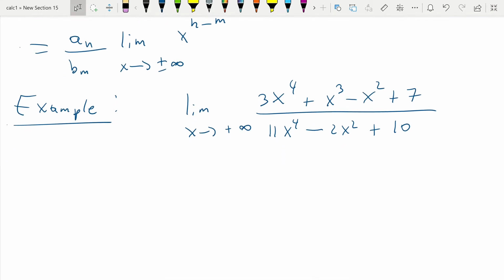And this is indeed a rational expression. We're asked to find this limit.